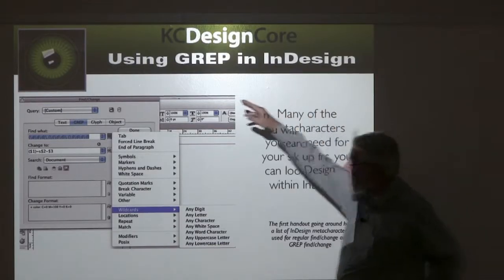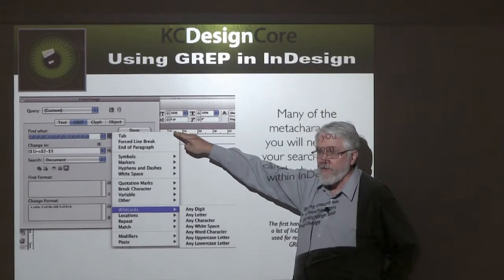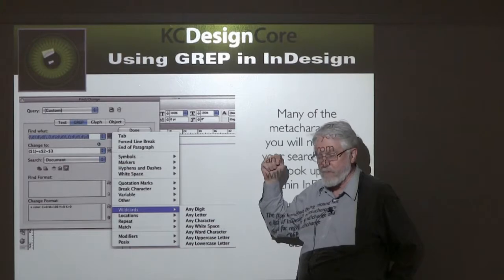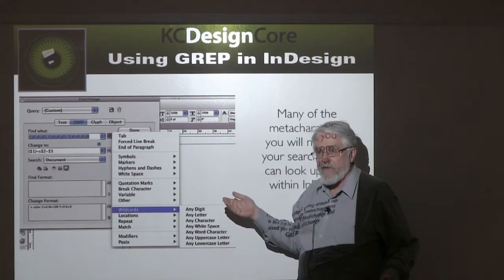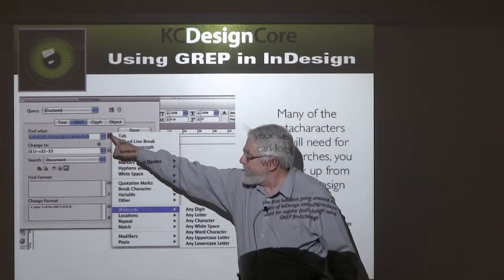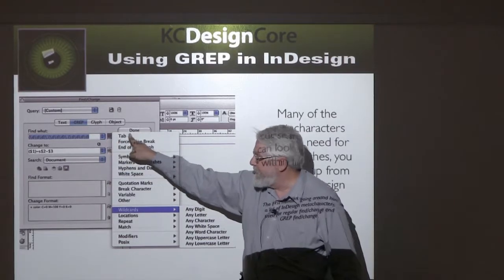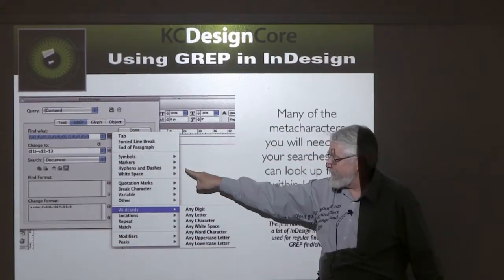There are huge numbers of meta characters that are used with Grep. When you go to make a Find Change or set up your Grep in the paragraph styles, this little character here will take you to all sorts of things.